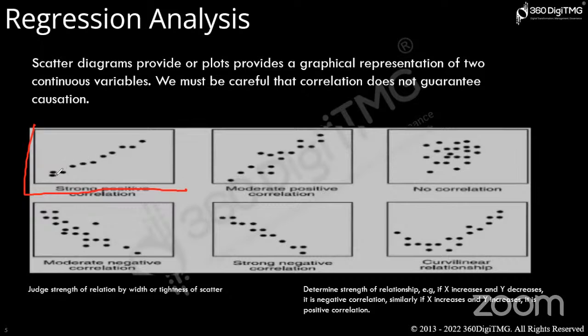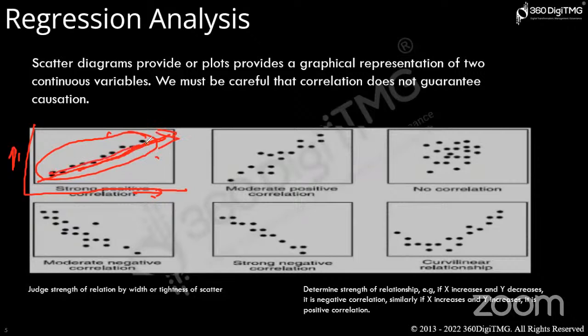Here you can see, as X is increasing, Y is also increasing. In that case, you can say you have a positive correlation. If you draw one regression line along the points, after multiple iterations, you will come up with one regression line.